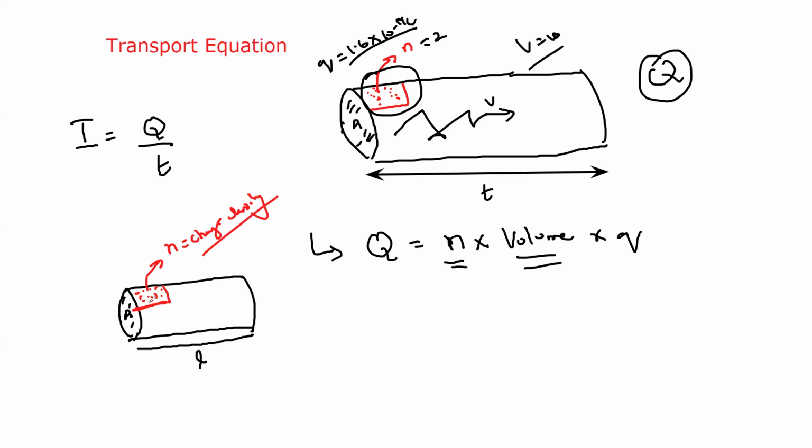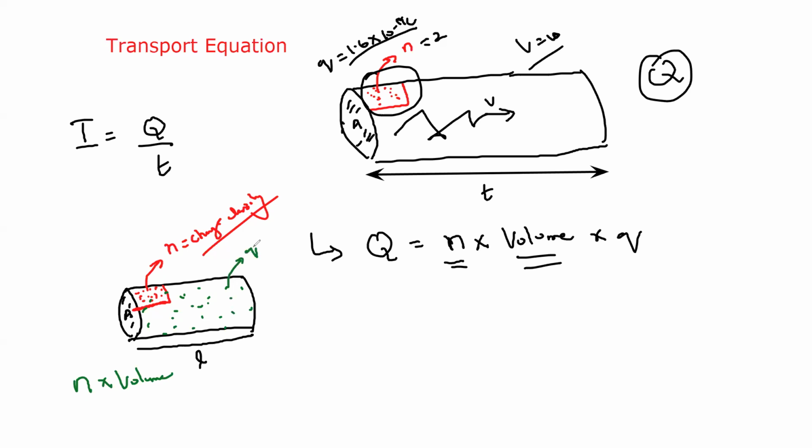If I want to find the total number of charges, I take the number of charges in a unit volume multiplied by the volume of this whole cylinder or wire, and I get the total number of charges.